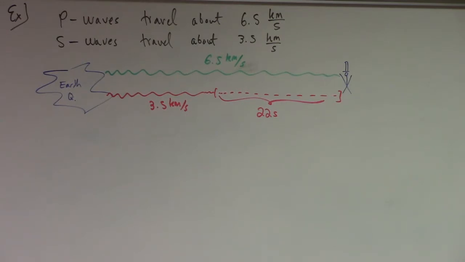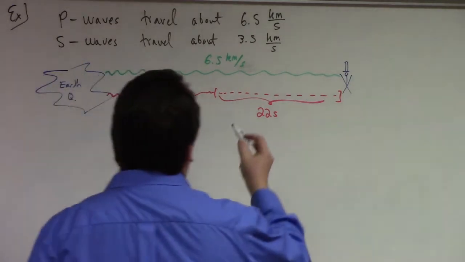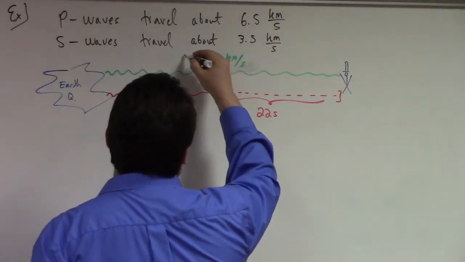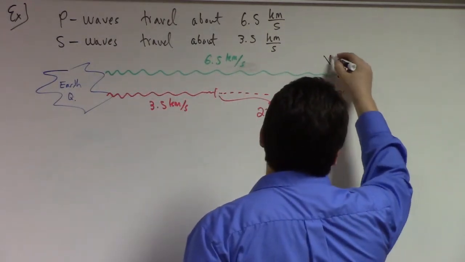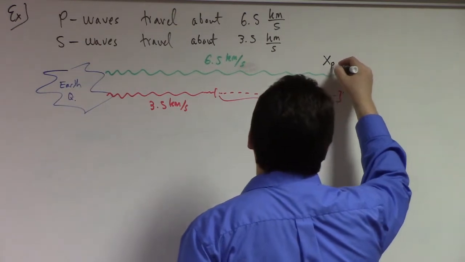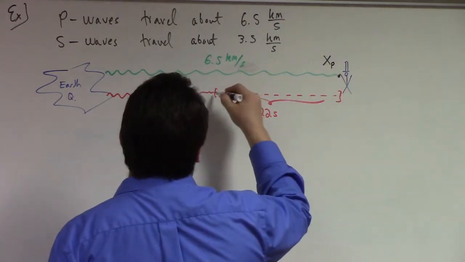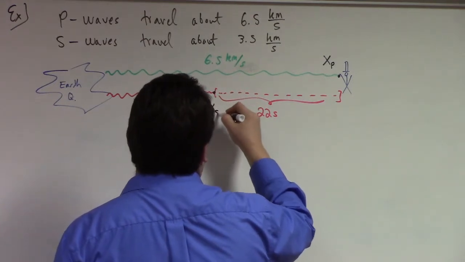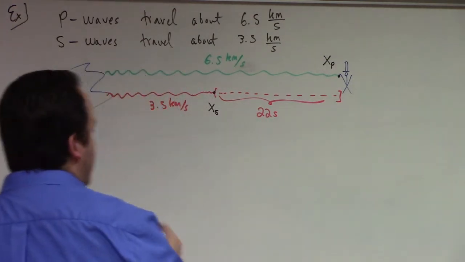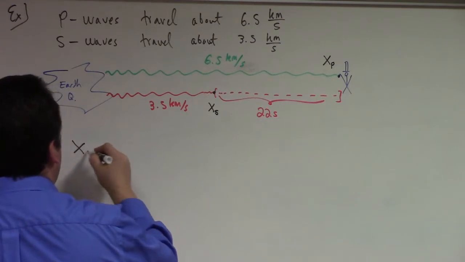So here, let's say where the wavefront gets to, let's call it x sub p. Let's call where the wavefront gets to in the S wave x sub s for S wave, all right? And so what's the equation of motion for the P wave?